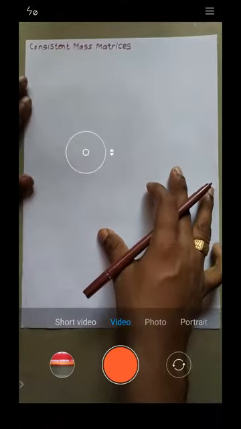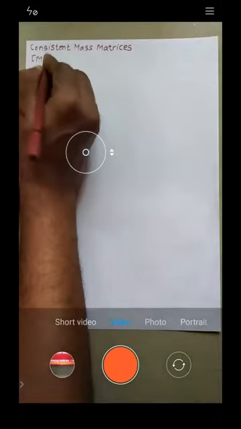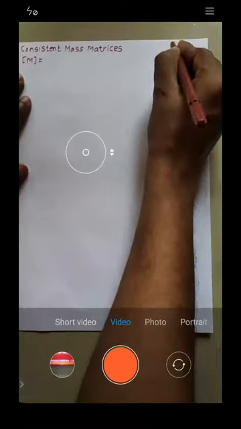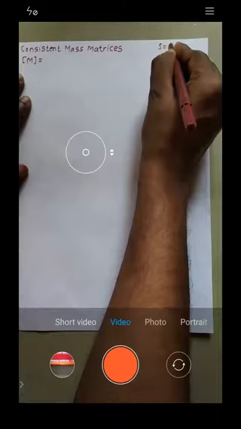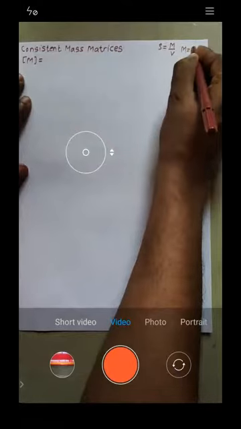Now, if I need to write the formula for the mass matrix, what is density? Density is given by mass by volume. So mass is given by density into volume.